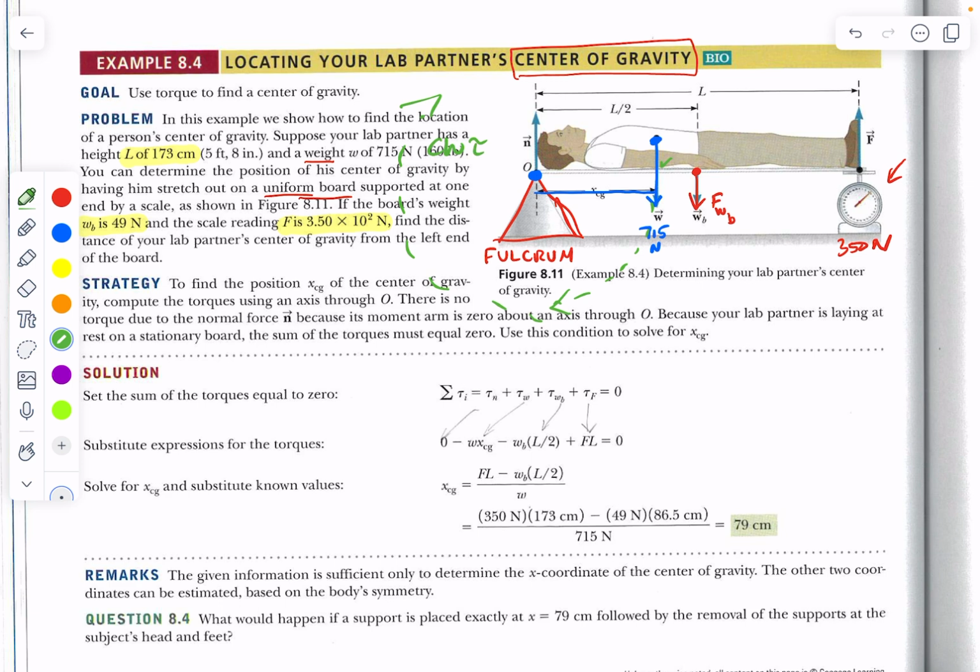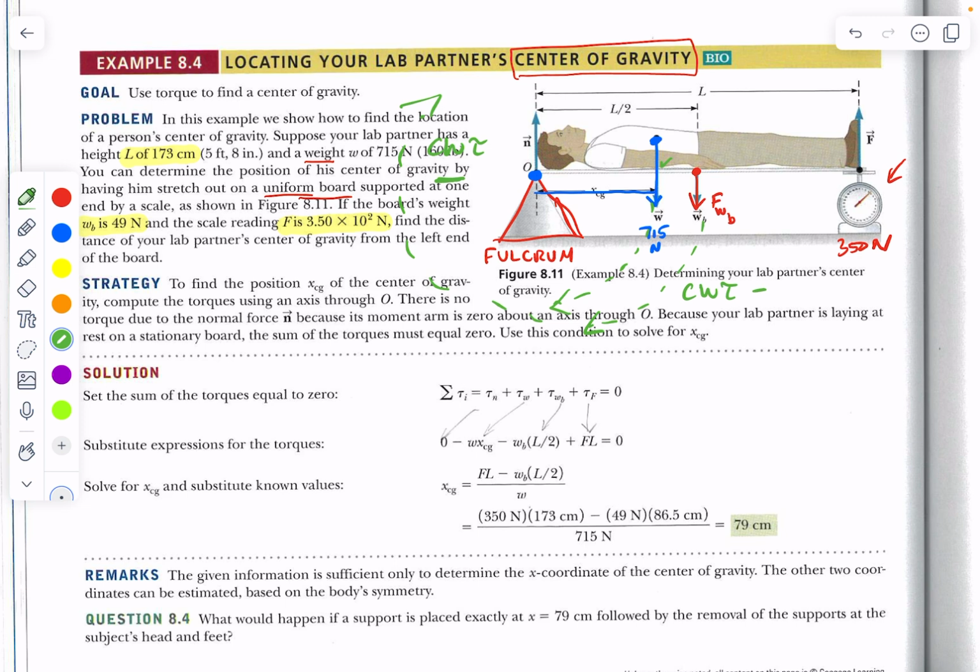A clockwise torque moving in the direction of the hands of a clock. And you might remember from the last section that clockwise torques are negative. So that's going to be a negative torque. And you'll notice that the weight of the board is also going to create a clockwise torque, CW tau, and therefore it also is going to be a negative torque.